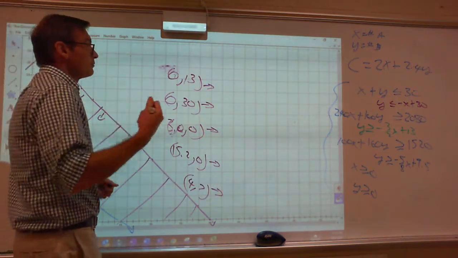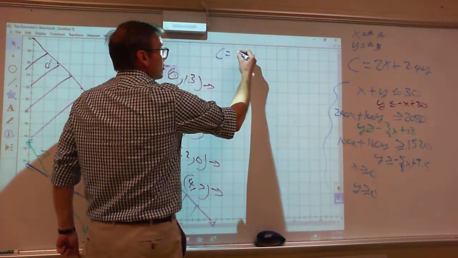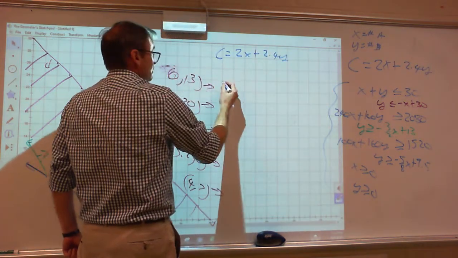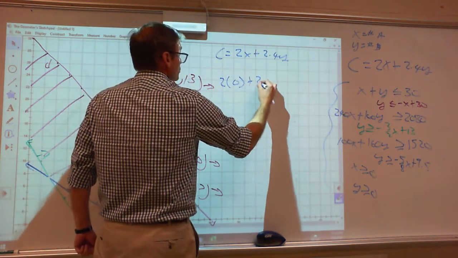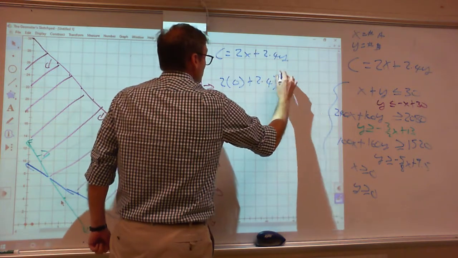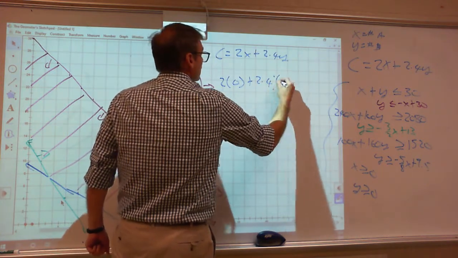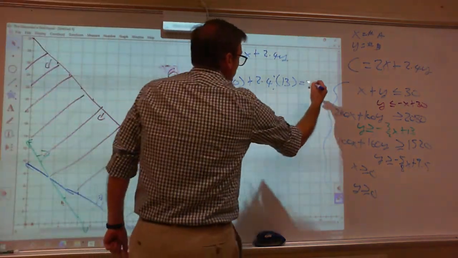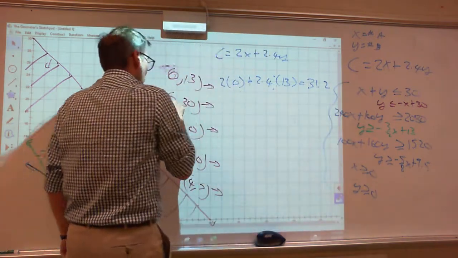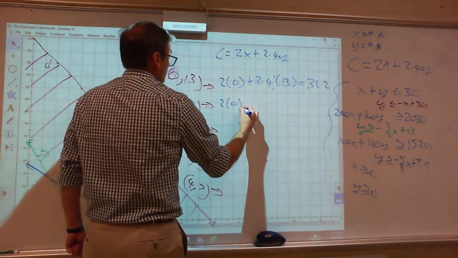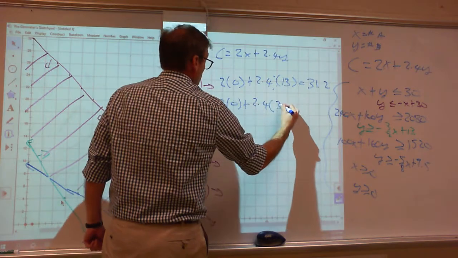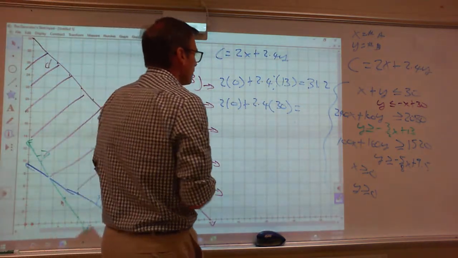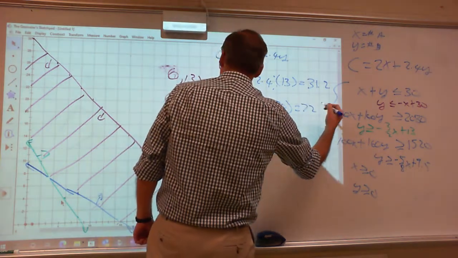So now we plug it in. And when we plug in, we're trying to minimize cost. I get 2 times x plus 2.4y. That's going to give us 2 times 0 plus 2.4 times 13, and that gives us 31.2. Plug in 2 times 0 plus 2.4 times 30. That's going to give me 72.